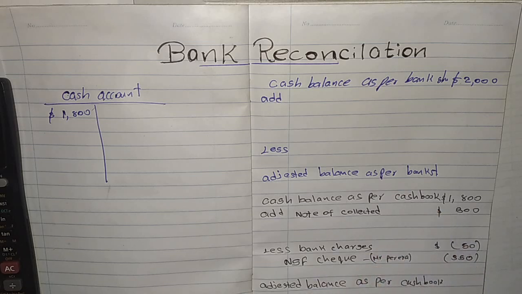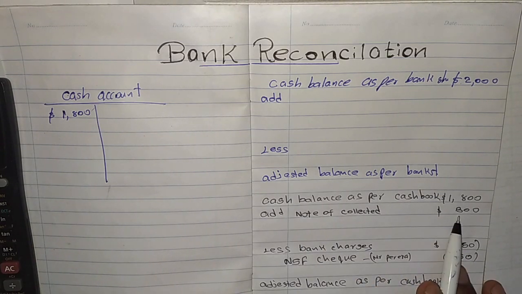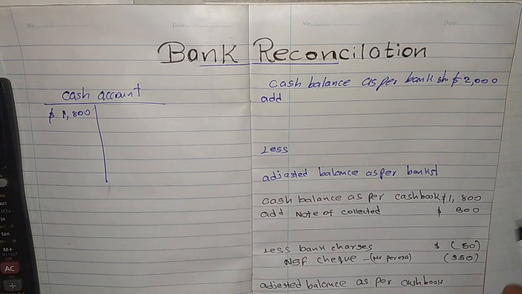We are going to reduce our general ledger cash account by those two charges, and then also we are going to increase it by the note that was collected from our one customer.